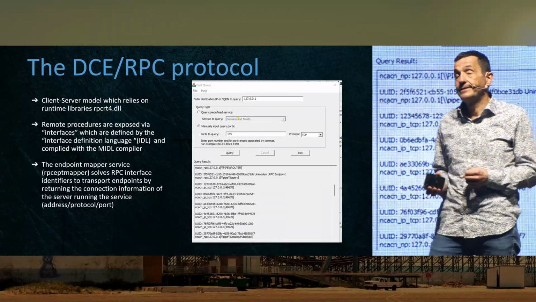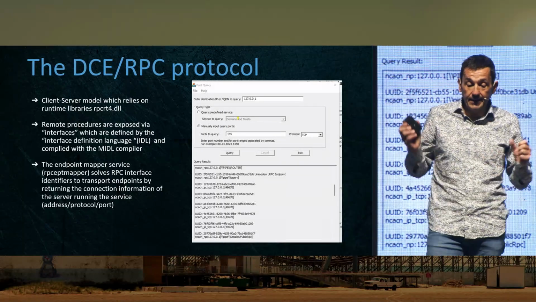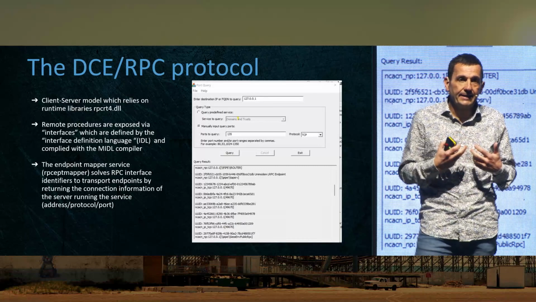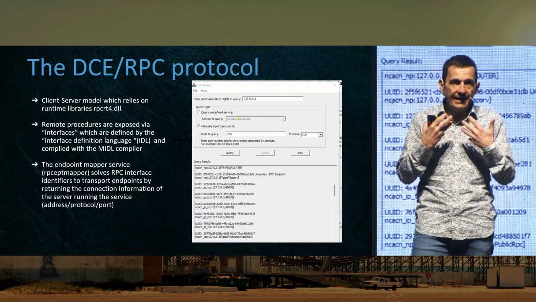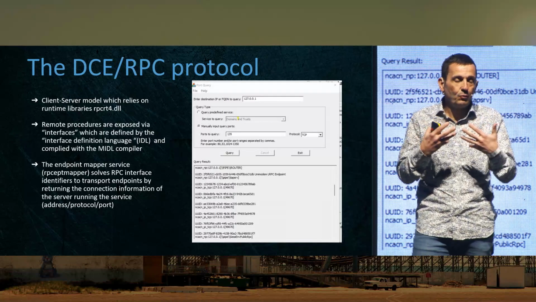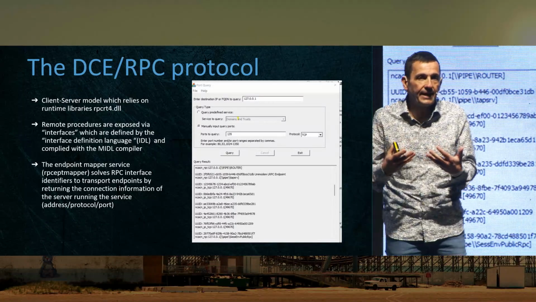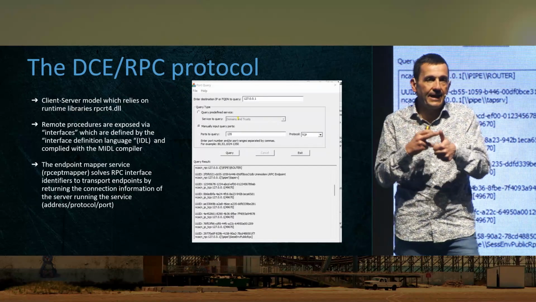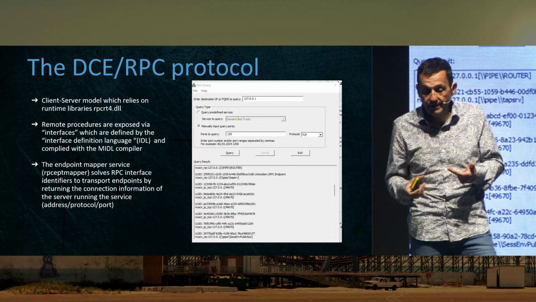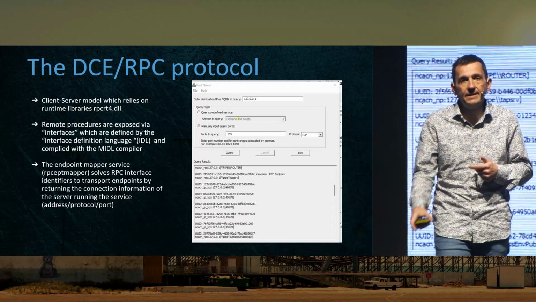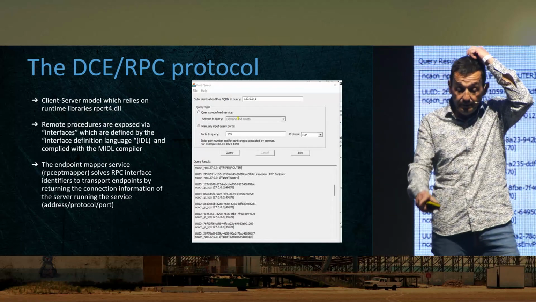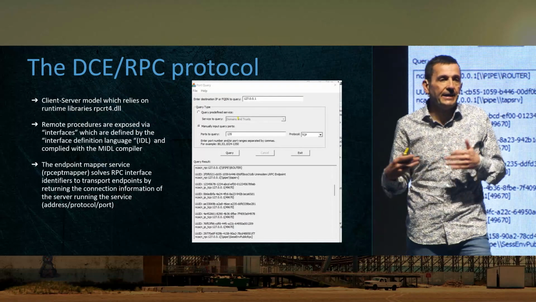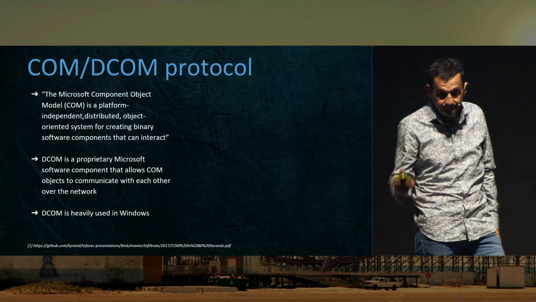Think about it as a DNS, which permits identifying the endpoint where an interface is running, so that we can contact the remote server based on server address, protocol, and port. In the screenshot, you can see with this utility, portquery, the list of the registered interfaces in our endpoint mapper.